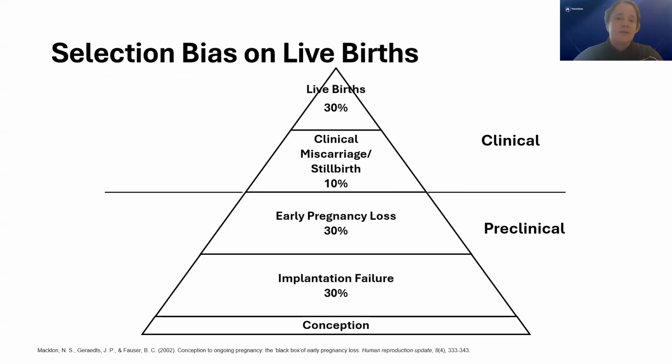Then when you get to the clinical stage where you recognize a pregnancy and you can recognize a loss, then 10% are clinical miscarriages, and then really just about 1% are stillbirth. And the difference there is stillbirths happen after 20 weeks gestation, and 30% will end in a live birth. So you're missing a huge number of people from your denominator, and this could really lead to bias depending on the research question that you're interested in looking at.